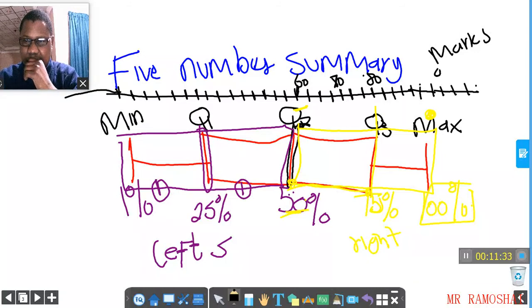And then here is 90. 90 is our highest, right? And then let me have 40 here. Let me have 20 here. My scale is not accurate.